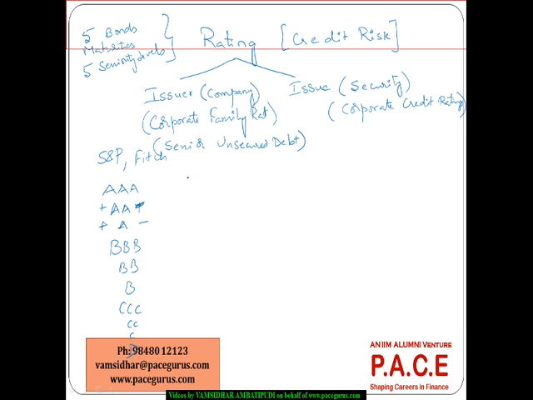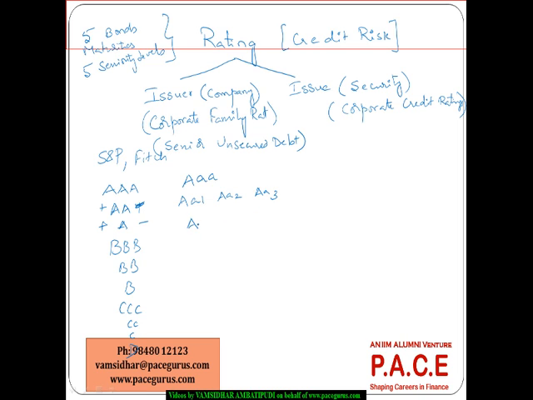Whereas when it comes to Moody's, it's slightly different. They provide it as capital A followed by two A's, and let's say double A if they want to go with, they simply say capital A, they call it A1 for plus, A2 for normal, A3 for minus.